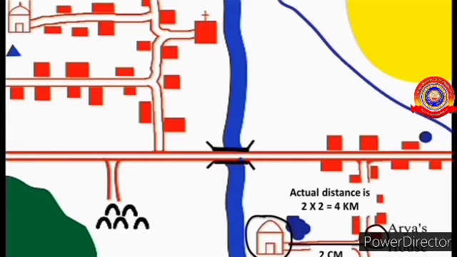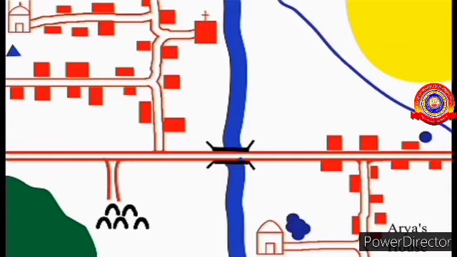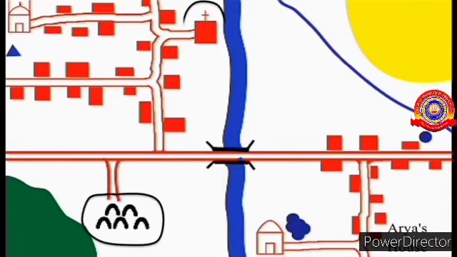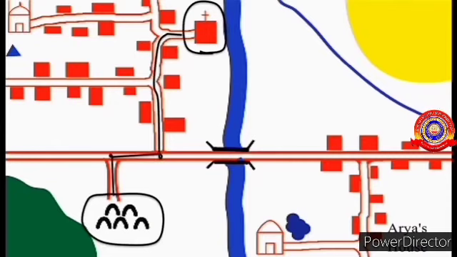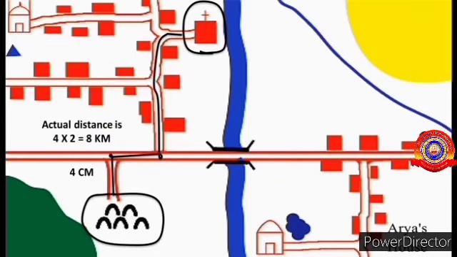Now, the fourth question. How far is the graveyard from the church? The answer is the distance from the church to graveyard is 4 centimeter on map. So, the actual distance is 4 into 2, that is 8 kilometer.